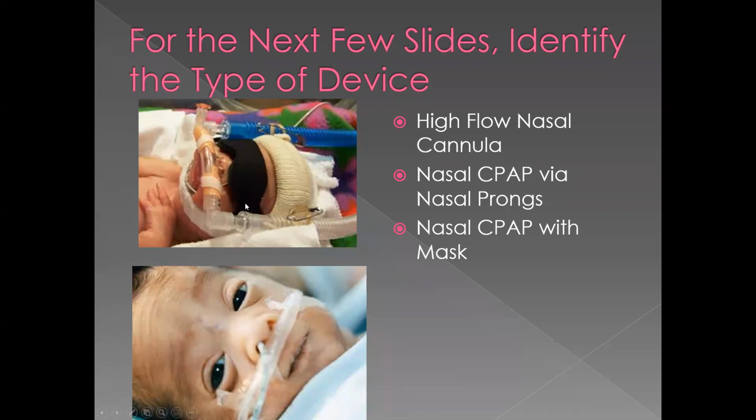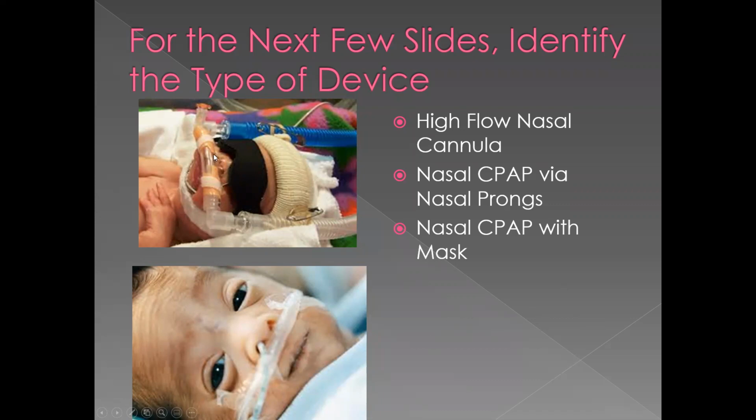All right, so what do you think about this first picture? Very good. So this is nasal CPAP, and this bar that they use. Looks like it's got a mask. Does it? The mask is going over his nose.